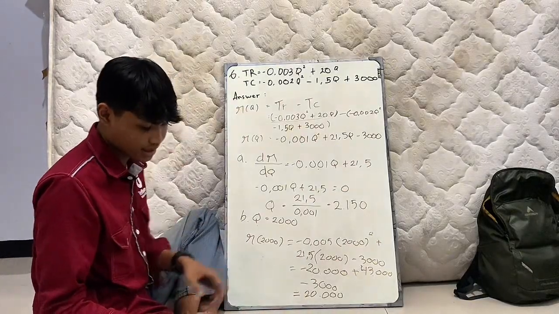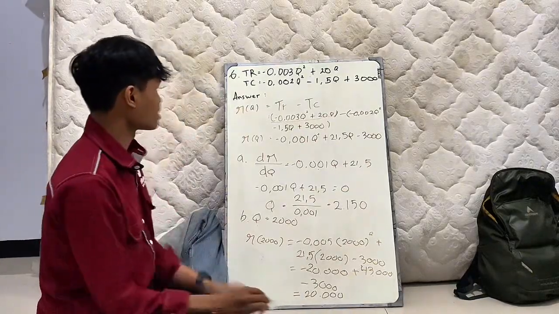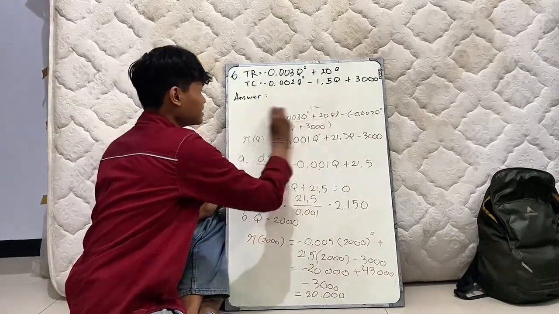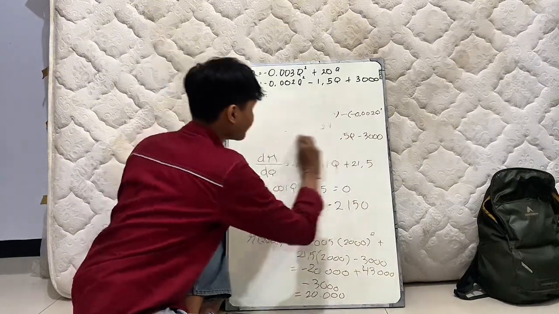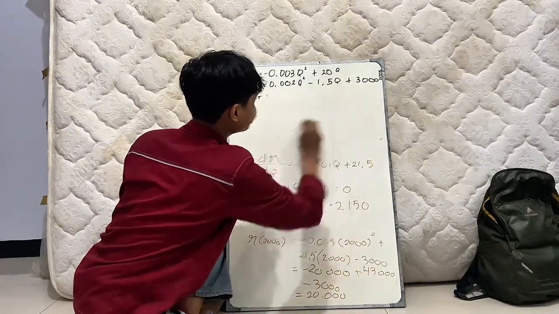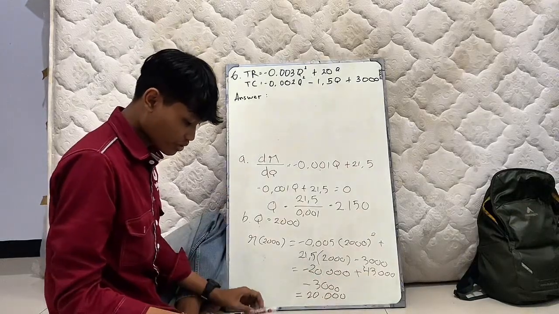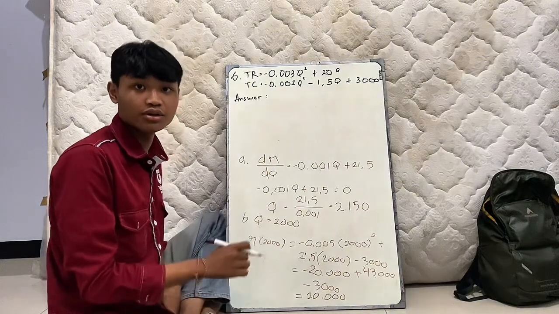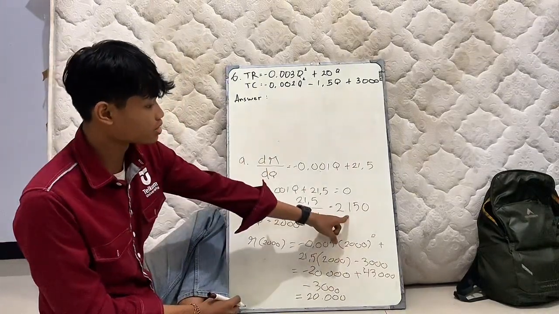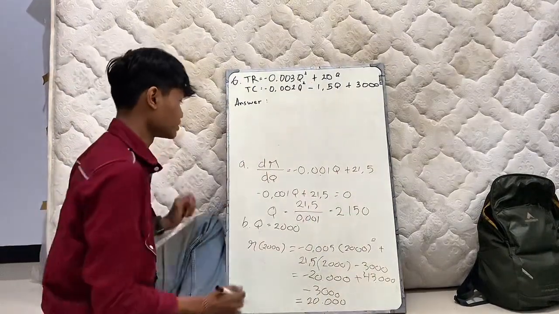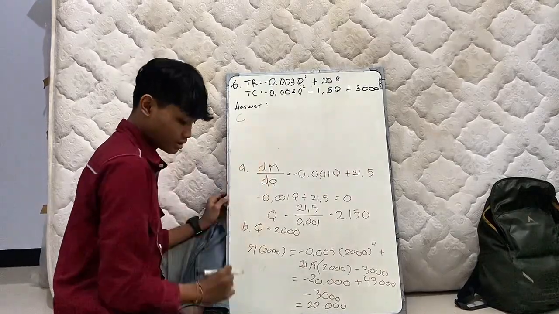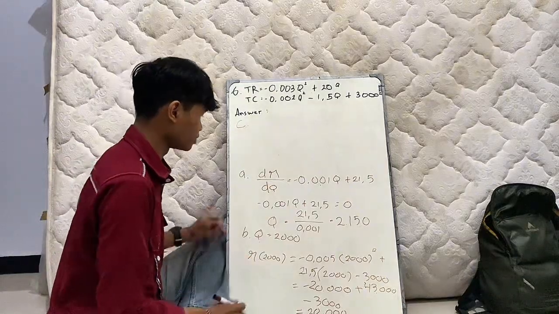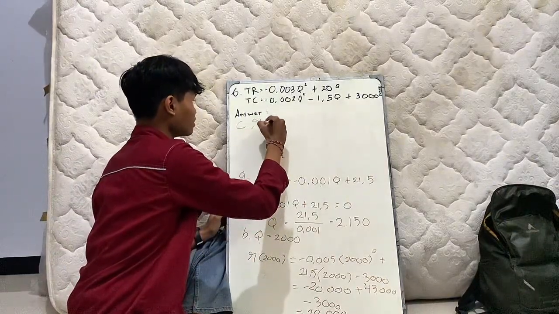Next is the C question. I will erase this one. So the C question is the maximum profit, where the Q is 2,150. So we use this formula too.